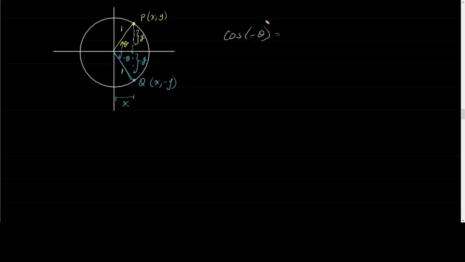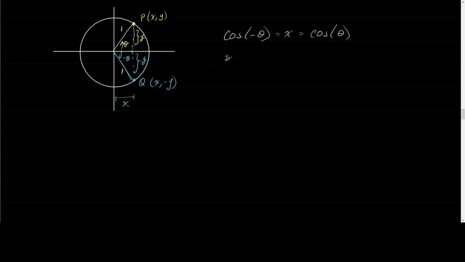Cosine of negative theta, well, I would go to this angle, I would look at this triangle, and I would say, well, cosine was adjacent over hypotenuse. The adjacent is still just length x. The hypotenuse is still just 1, so it's really just x itself. Now, x itself was just simply saying cosine theta, right? If I look at this theta here, the cosine is just the x value.